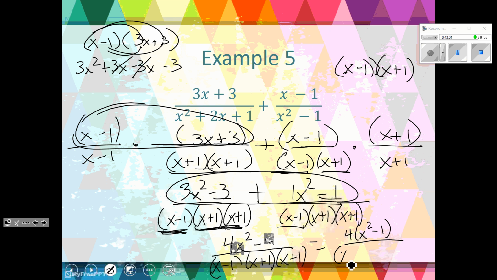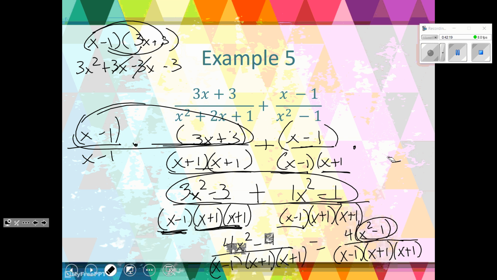Oh, and will that cancel? Will that help me? Yes, it will. So I need to go one step further, and I need to factor x squared minus 1 out. So you go ahead and do that. I'm going to come up here in the top in red.